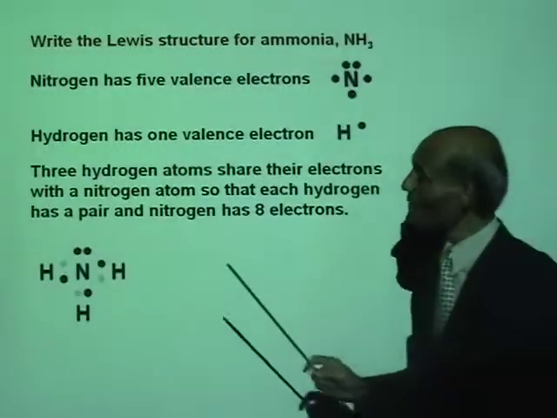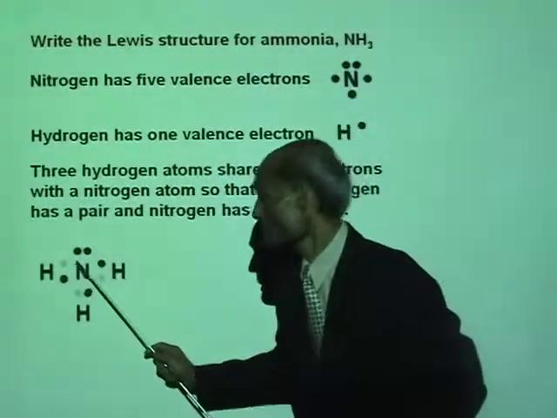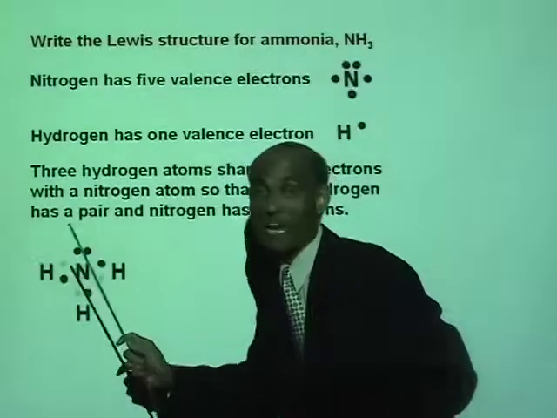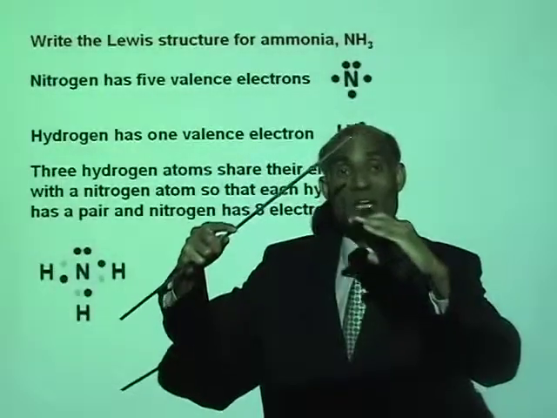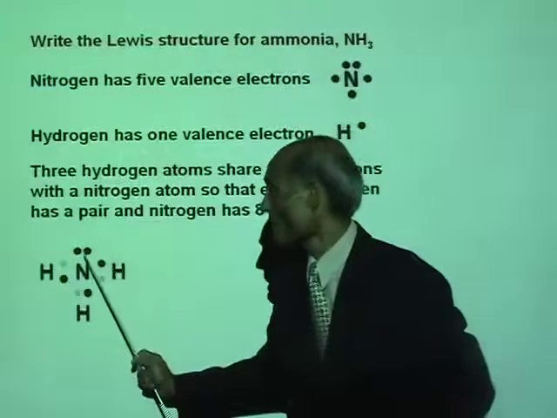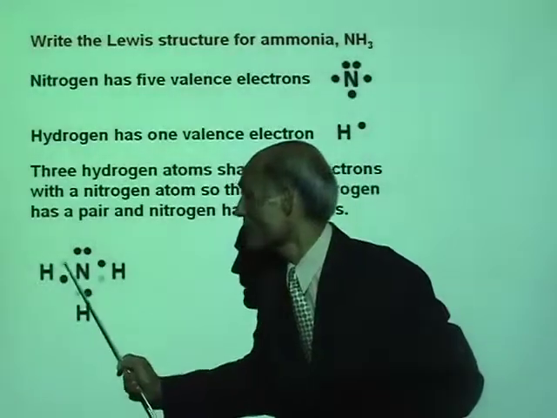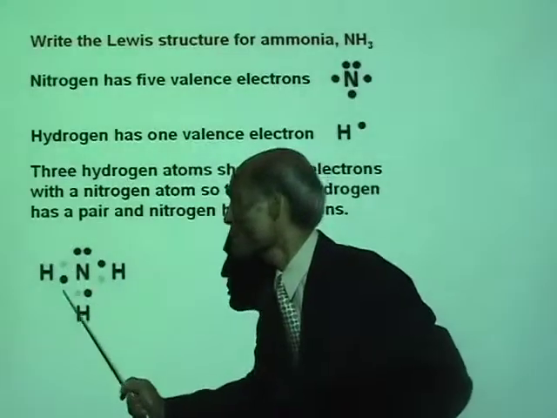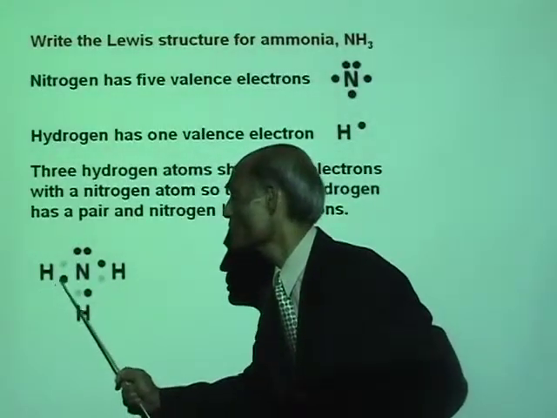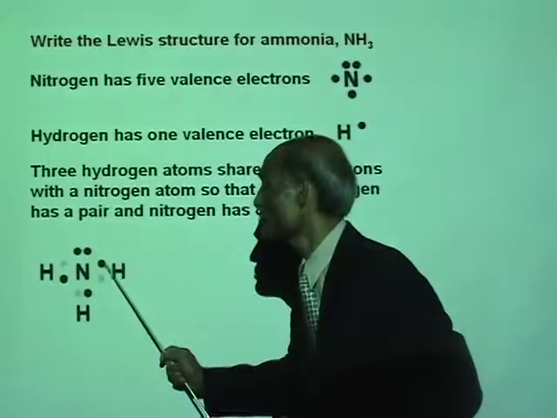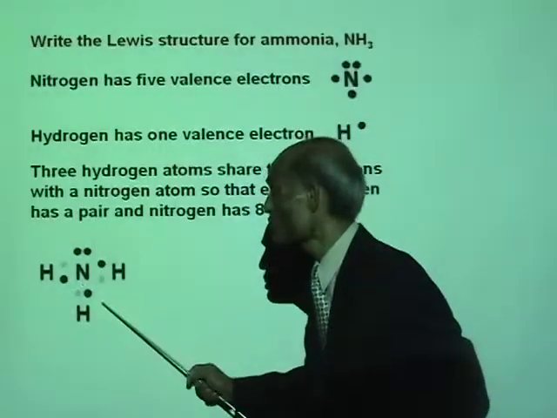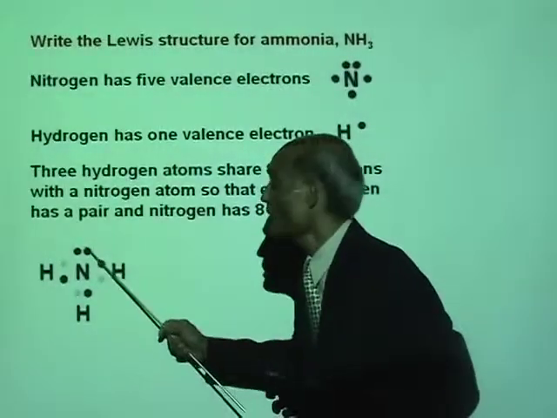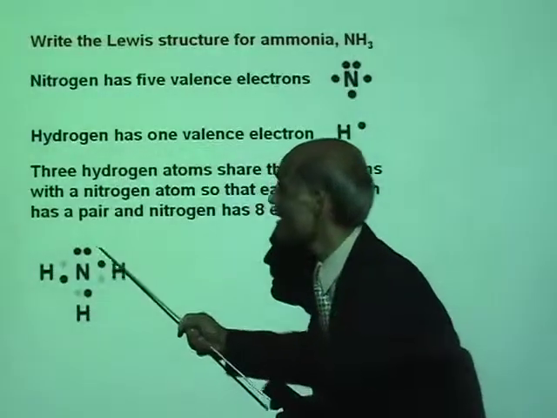Now look at the way the arrangement works. Now the hydrogens have to take proper positions. One hydrogen comes to the left and shares an electron with nitrogen so that hydrogen has 2 electrons. This hydrogen has 2 electrons. This hydrogen has 2 electrons, and the nitrogen has 8 electrons.